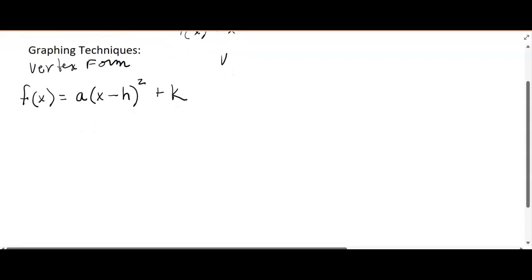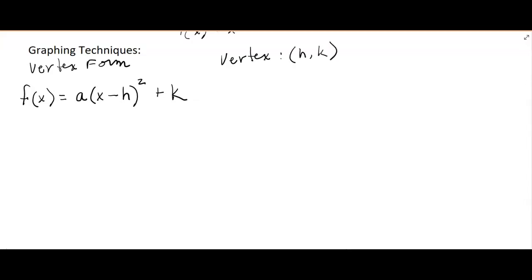First of all, the vertex is at (h, k). So when it's in that form, you can just look and see what h is and what k is, and you'll know where the vertex is. The axis of symmetry is the line x equals h. So those two things are helpful, and sometimes they ask you for those.